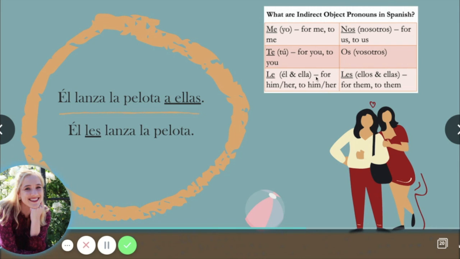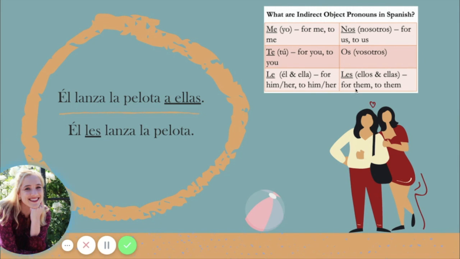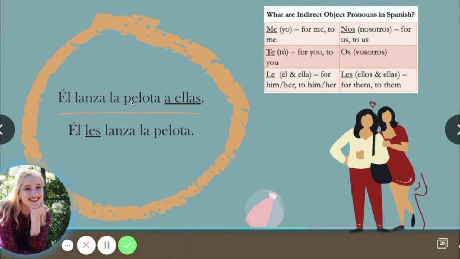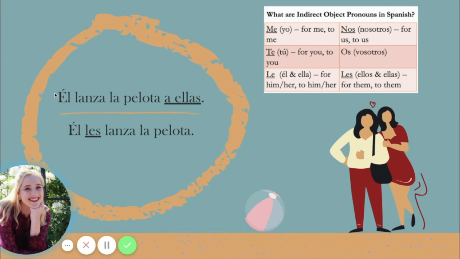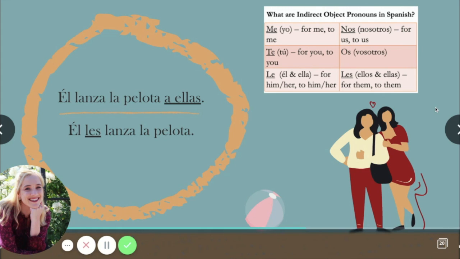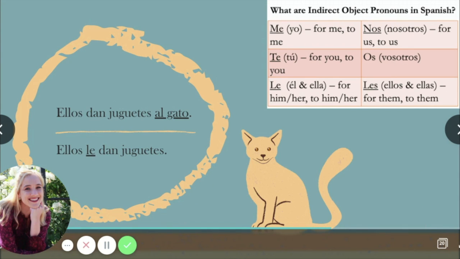I want you to take a second and really look at this chart. If we're saying that he threw the ball to them, we can say él lanza la pelota a ellas, or we can take out a ellas and just put in the pronoun les. Él les lanza la pelota.